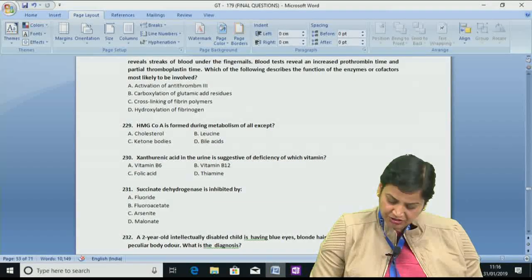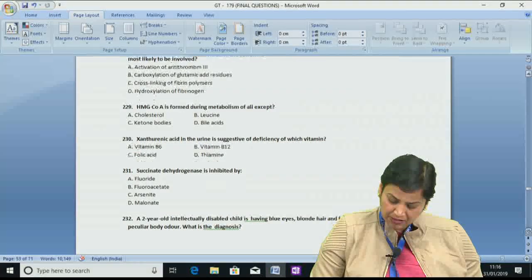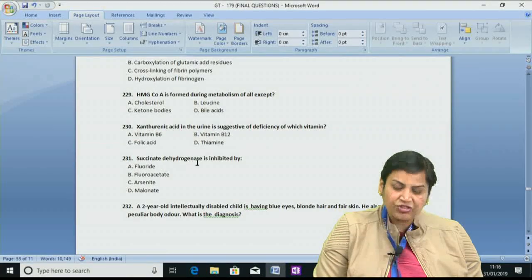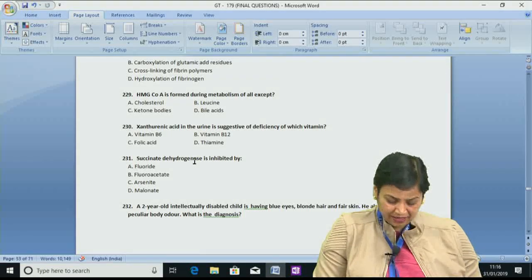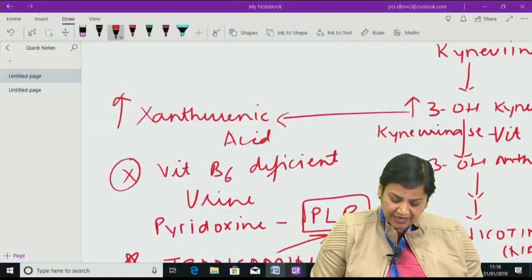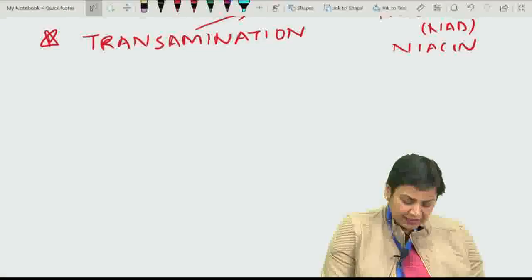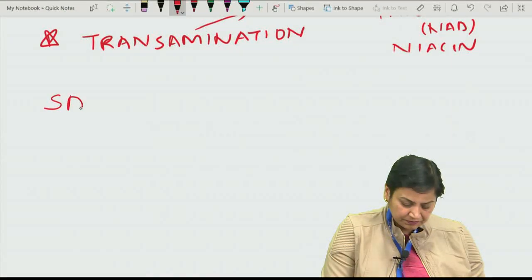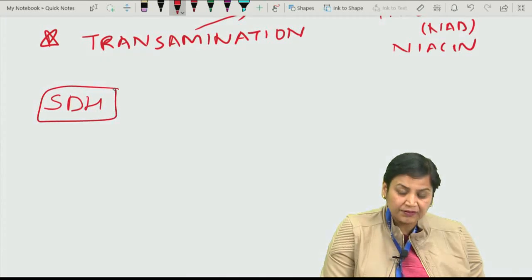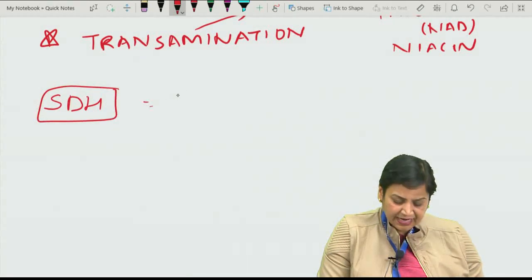Now next question. Succinate dehydrogenase is inhibited by. Now see, succinate dehydrogenase, or commonly it is known as SDH. It is an enzyme of the TCA cycle.